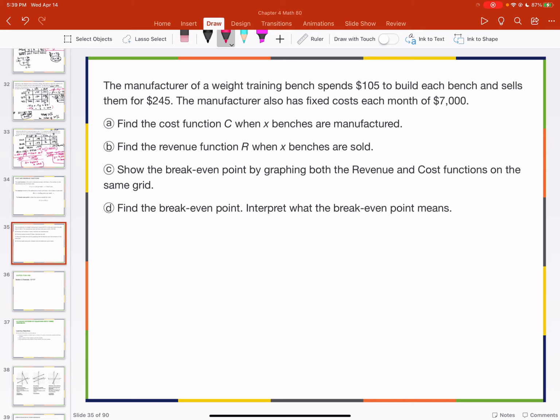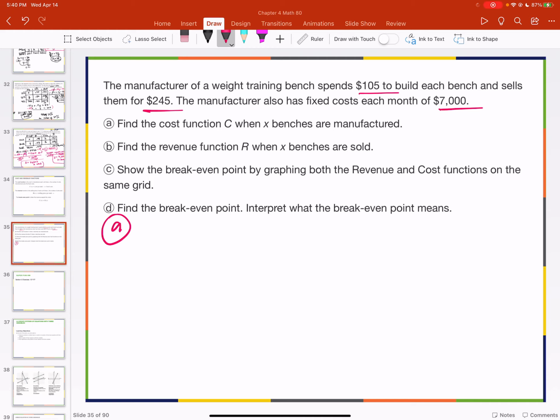So let's see if we can do a problem here. The manufacturer of a weight training bench spends $105 to build each bench and sells them for $245. The manufacturer also has fixed costs each month of $7,000. So let's find the cost function.